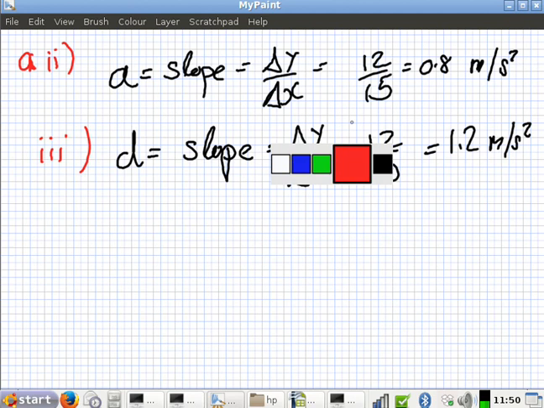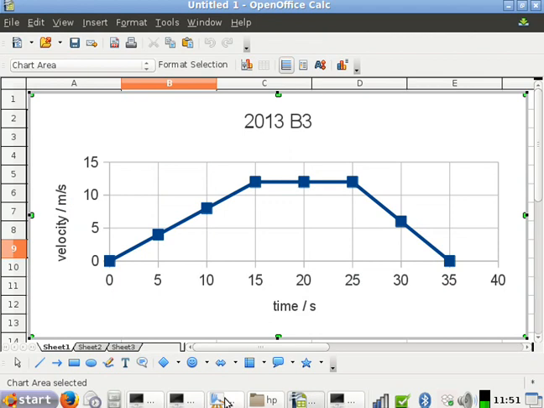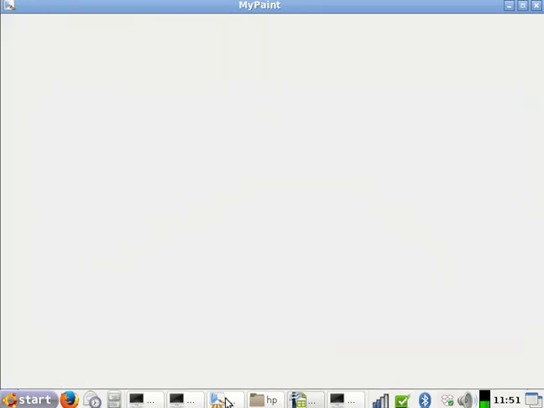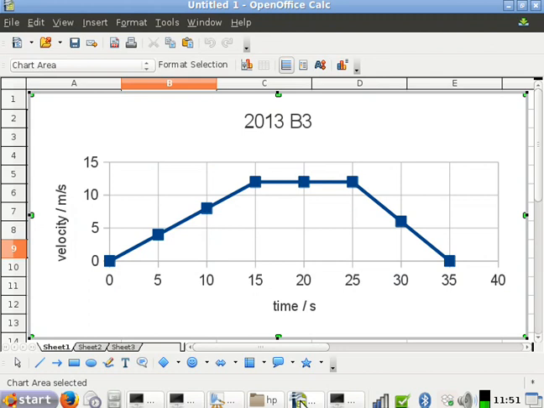What's the total distance? So the distance is the area. Yeah. So the first area is a triangle, which is a half 15 by 12. Then the second one is a rectangle of 10 by 12.